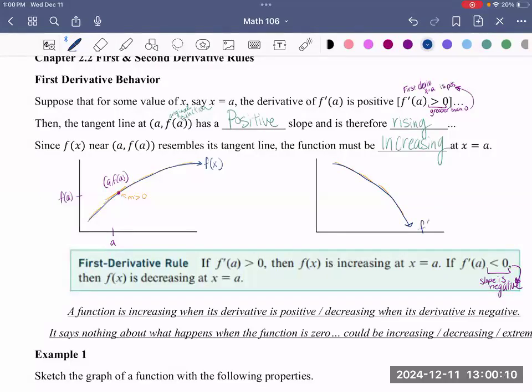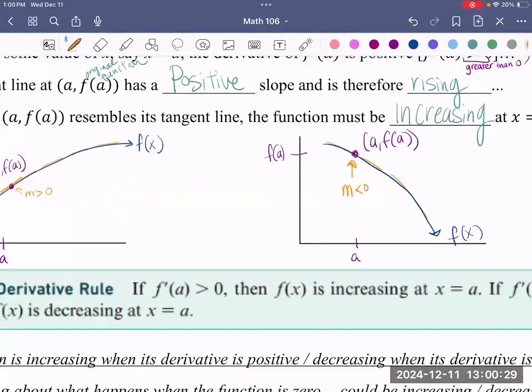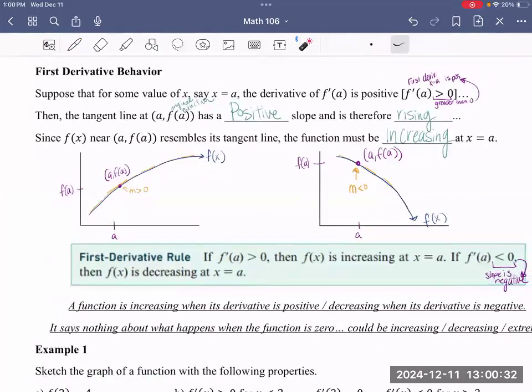So this is f of x, and again this is a, f of a at a particular point. If we highlight that, your slope is less than 0. What we're referring to is that your first derivative is the slope of your tangent line. That is what is going to make it positive or negative.